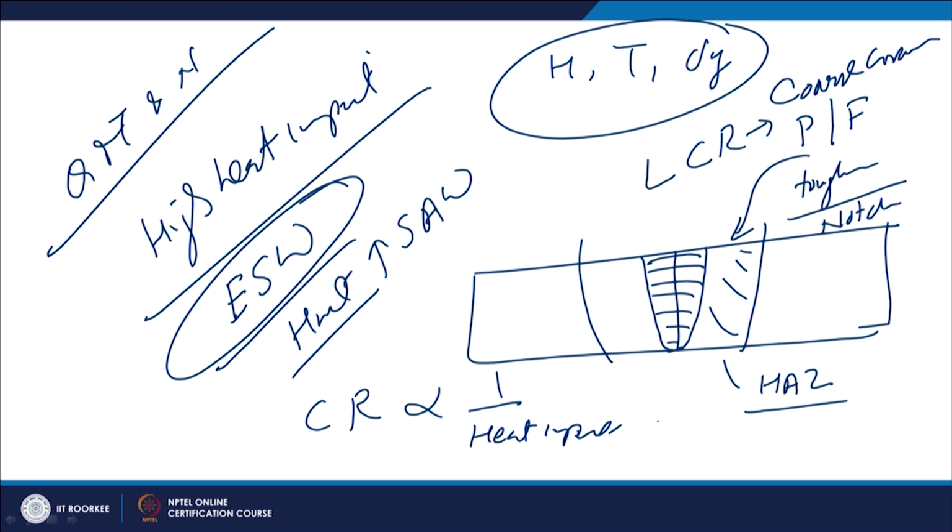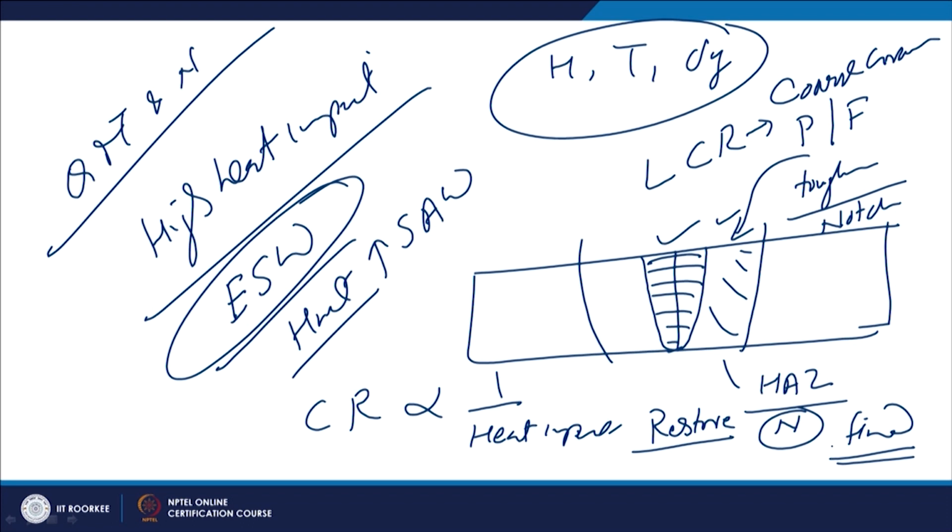So, under such conditions, in order to restore the mechanical properties in the weld as well as the heat affected zone, post weld heat treatment may be necessary. We may perform normalizing after the welding, so that a fine grain structure can be produced in the weld as well as the heat affected zone, and the toughness and strength can be enhanced.